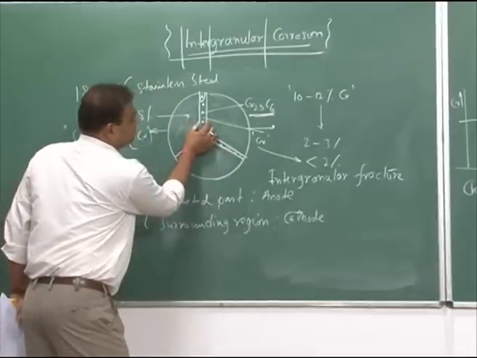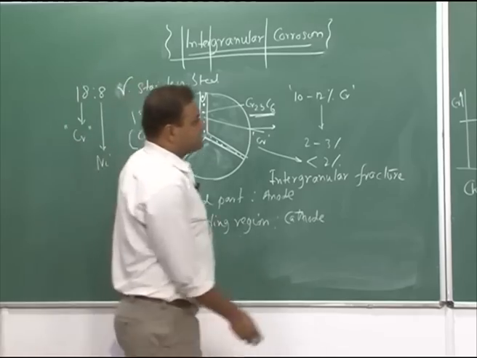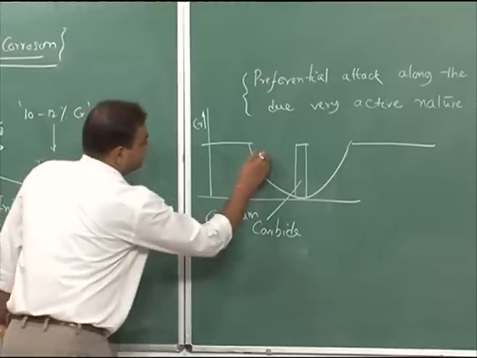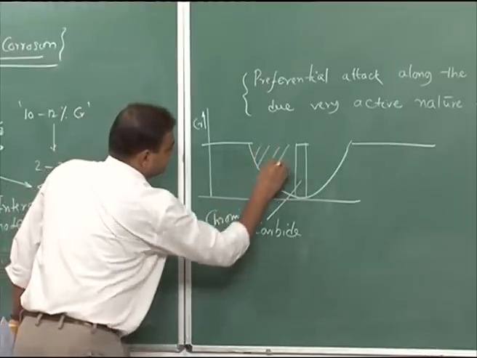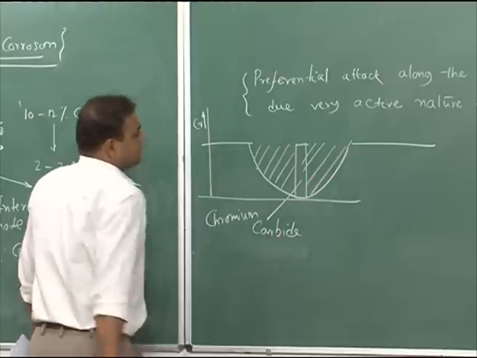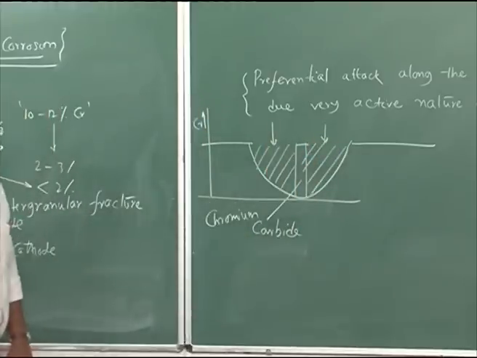If I see this part along the thickness direction, I can have a situation like this. So, we see that this is the depleted chromium zone, and in this part corrosion would take place.